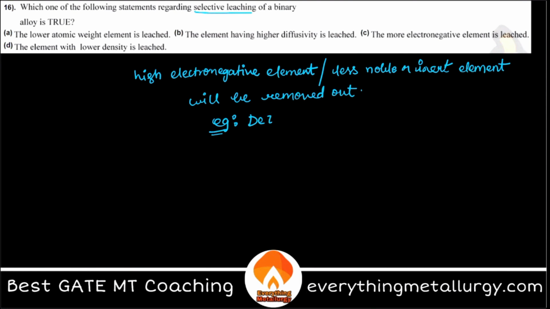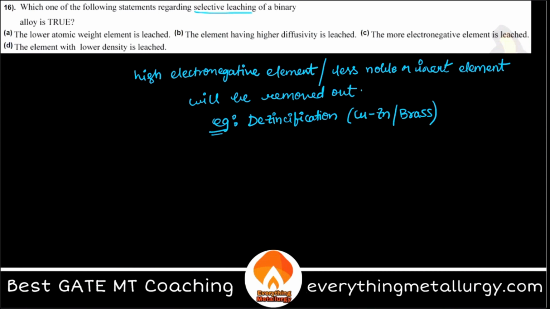Okay, so in your copper zinc alloy, this copper zinc alloy is nothing but your brass. So in brass you see that if you use it in some particular conditions, zinc is removed out and you see some dark patches.